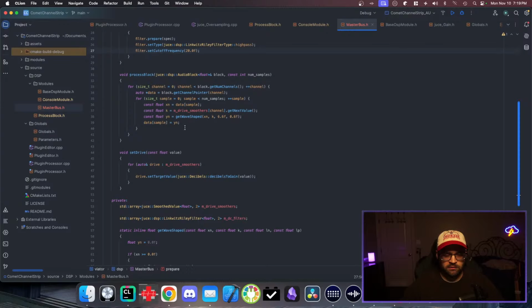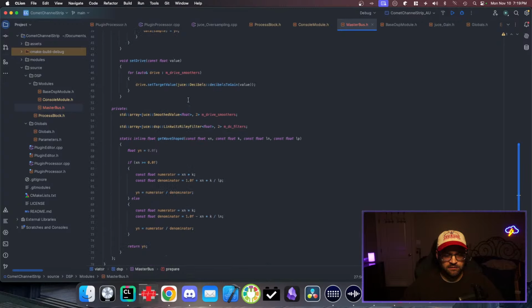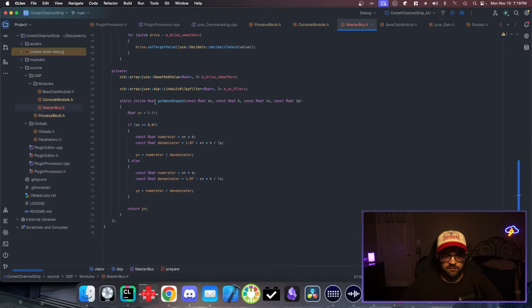I wonder what would look easier. It'd probably be easier if we just do another free function. So let's do this, and we'll say getPaletti, since that's what it's called in the paper.